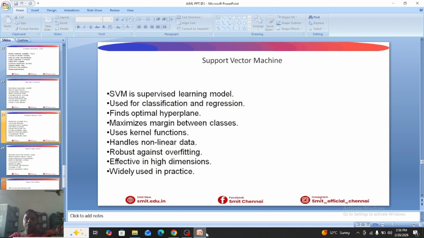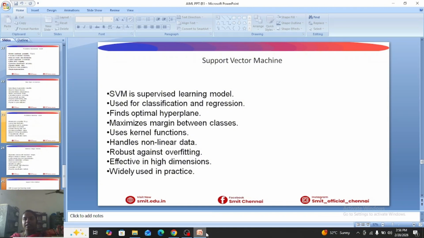Moving on to support vector machine. It is a supervised learning model used for classification and regression. Finds optimal hyperplane, maximizes margin between classes, uses kernel functions, handles nonlinear data, robust against overfitting, effective in high dimensions, widely used in practice.